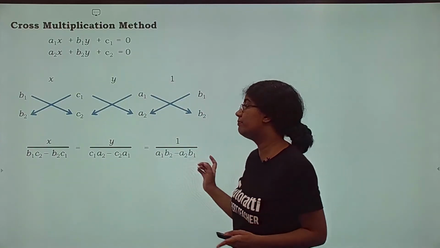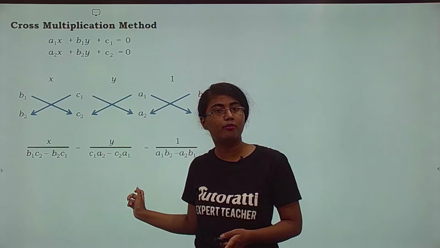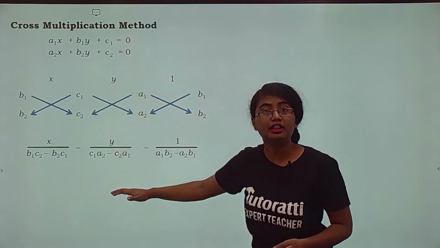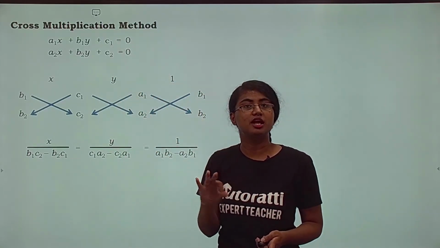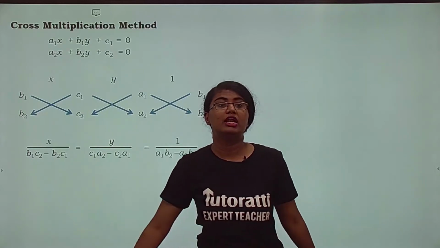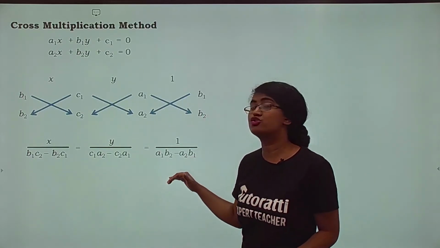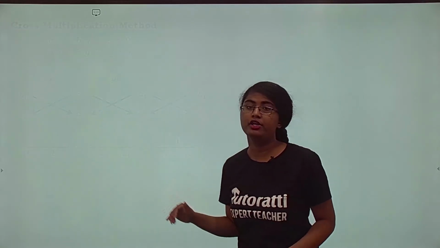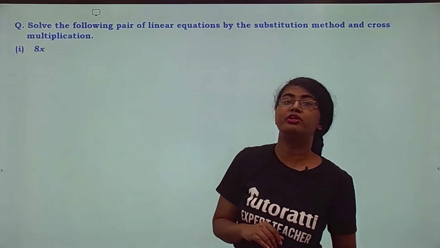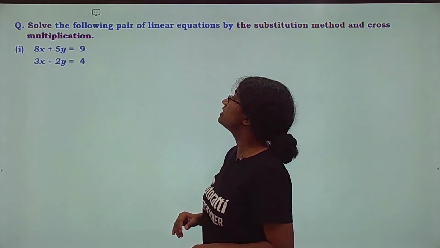But in case it becomes a little difficult to remember this formula, you can get the formula in just 3 steps. Let us see how we proceed by solving a sum and actually using the formula. Alright, fine. So this is the question we've been given. These are the two equations.